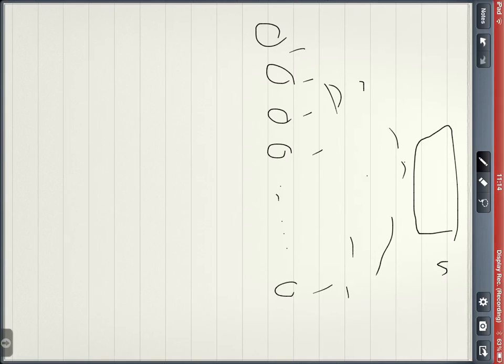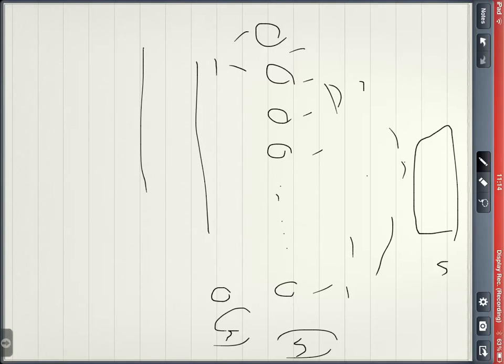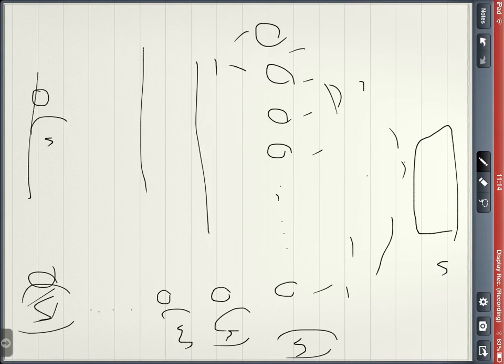Log 2 of 2 to the 4 is equal to 4, because the 2s cancel out, and we get 4. Okay, so the input size is n, and the number of merging is going to be log of n.